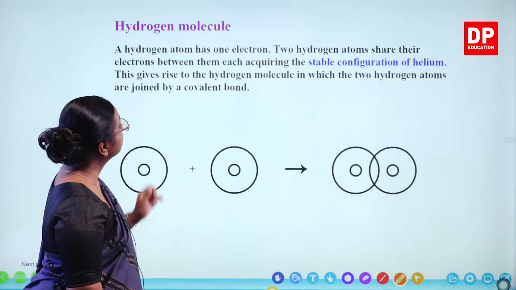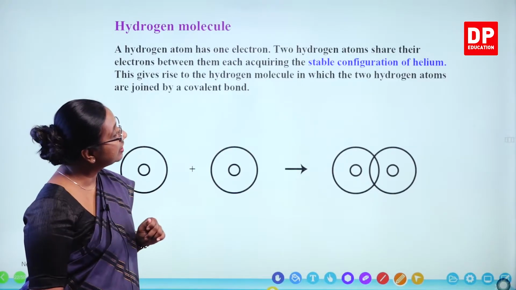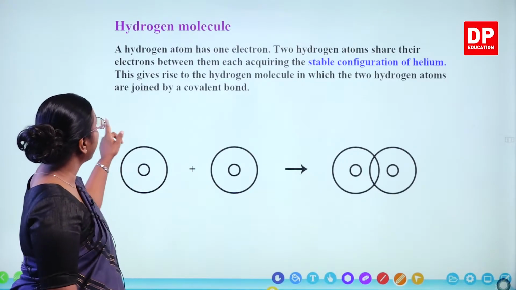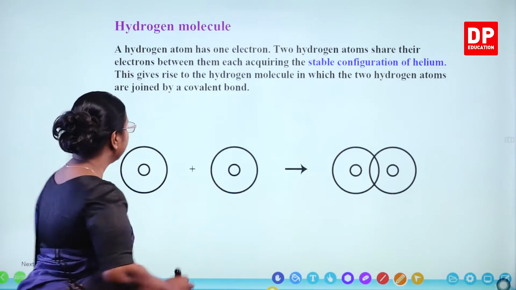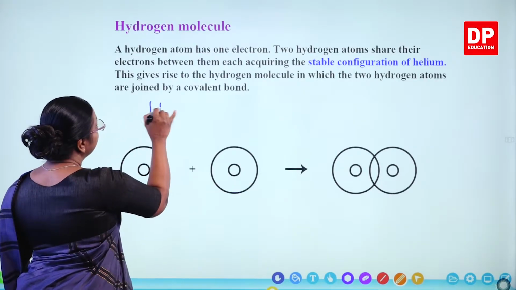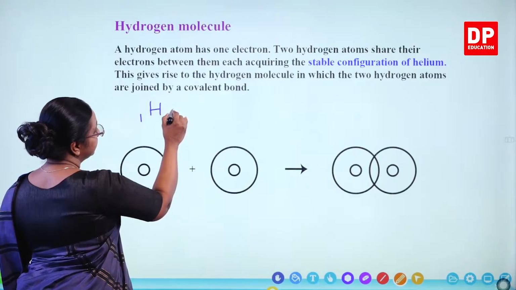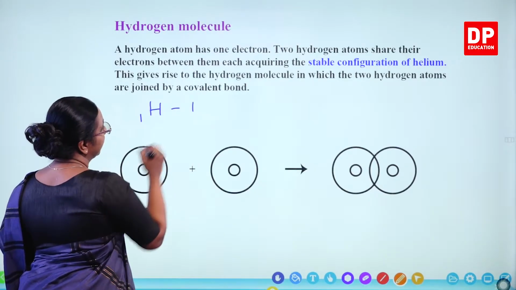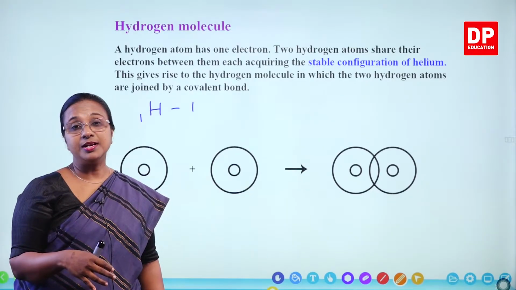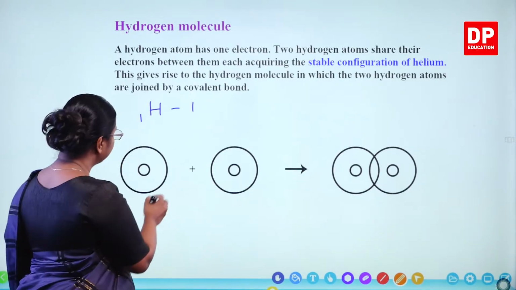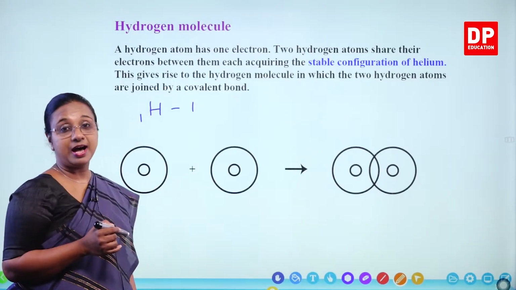This gives rise to the hydrogen molecule in which the 2 hydrogen atoms are joined by a covalent bond. So, here again, if we write the electronic configuration, this is the most simplest atom. So, electronic configuration is 1. So, you know valency is 1.